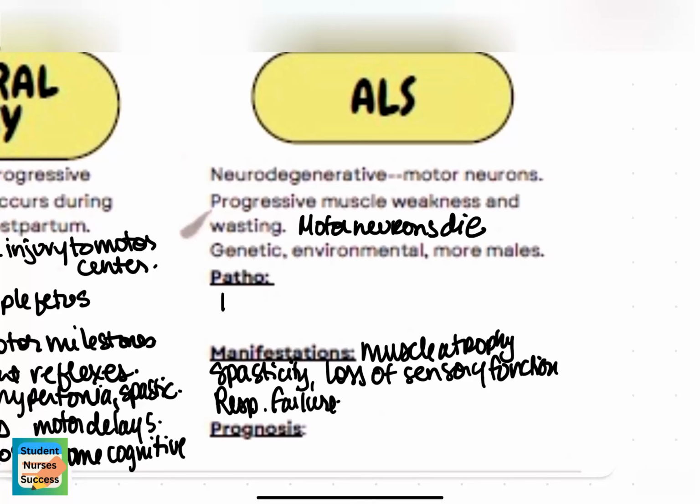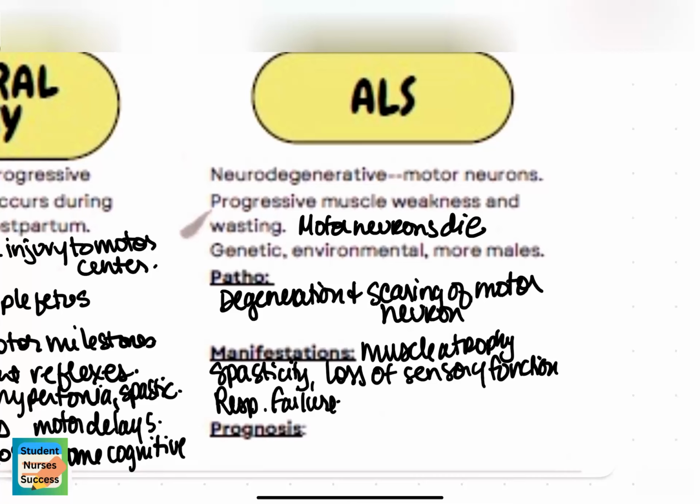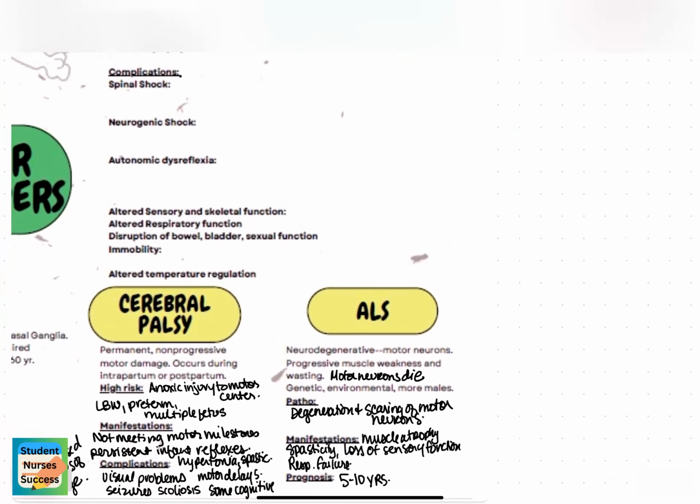Again, as far as the patho, we see a degeneration and scarring of motor neurons. Prognosis is usually about 5 to 10 years after they've been diagnosed. ALS is commonly referred to as Lou Gehrig's disease.